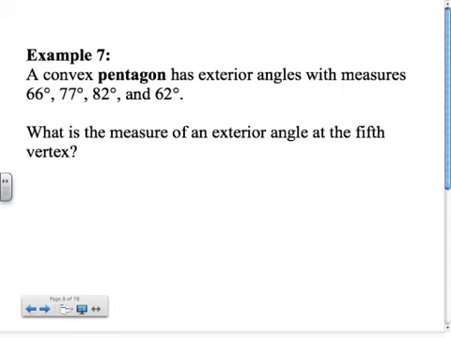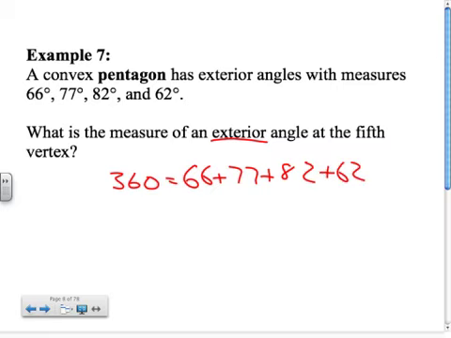It says a convex pentagon has exterior angles with measures 66, 77, 82, and 62. What is the measure of an exterior angle at the fifth vertex? Again, exterior angles have to add up to 360. I already know 4 of them: 66, 77, 82, and 62. I've got to find the fifth one. We don't know it, call it x.